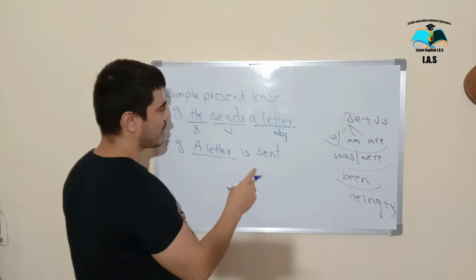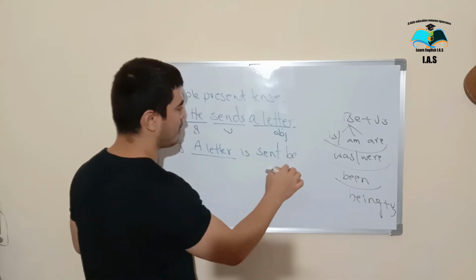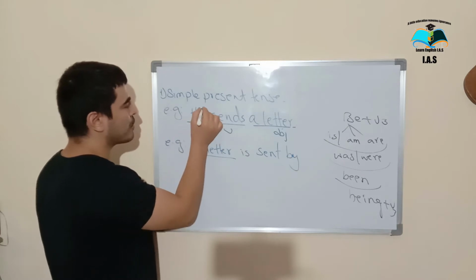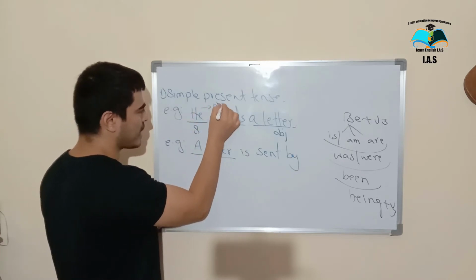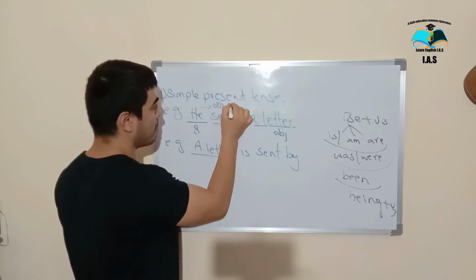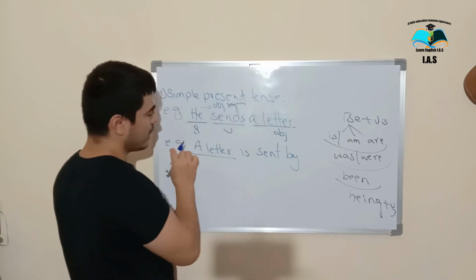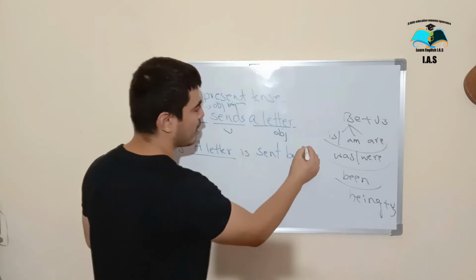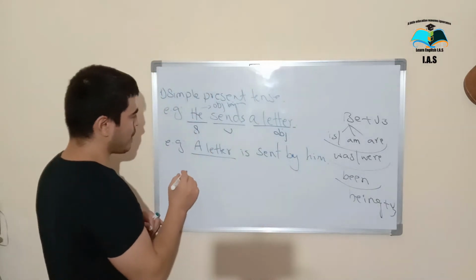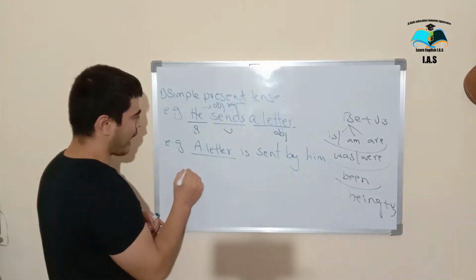A letter is sent by. So we have to change this one as an object. So he becomes him, right? So a letter is sent by him.